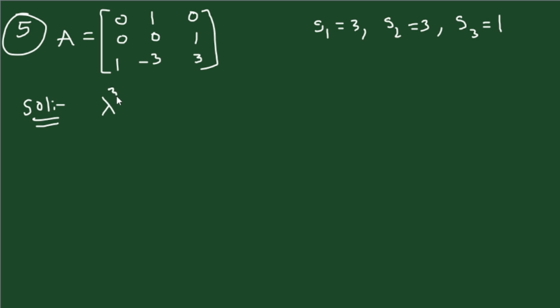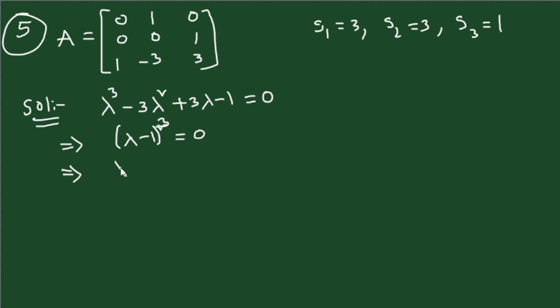So we will get the characteristic equation as lambda cube minus S1 lambda square plus S2 lambda minus S3 equal to 0. And this is simply lambda minus 1 whole cube equal to 0, which is lambda equal to 1, 1, 1.